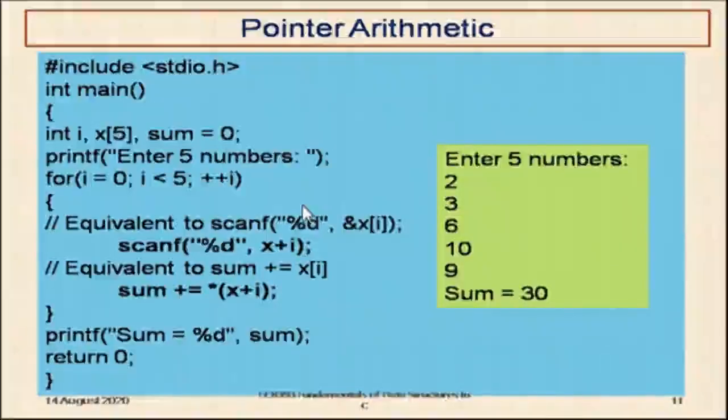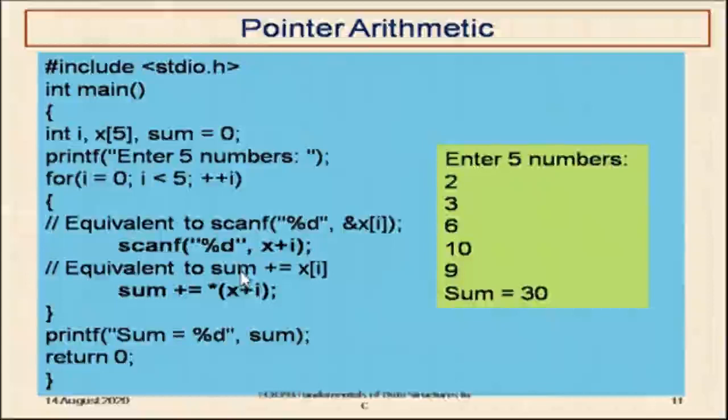A simple example here: int x[5], sum equals 0, enter 5 numbers. The only thing I would like to point out is that instead of using the conventional statement for getting the input, scanf with &x[i], I can use scanf("%d", x plus i). So &x[i] can be replaced with x plus i, as you have seen in the previous slide. Both are equal.